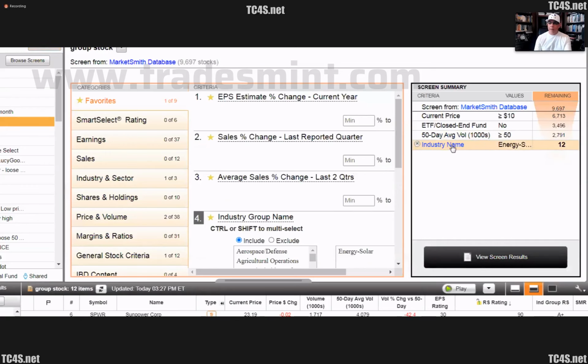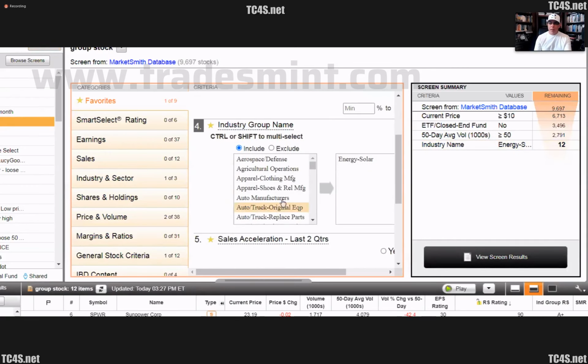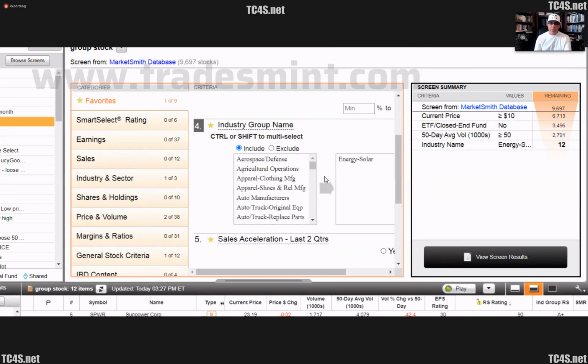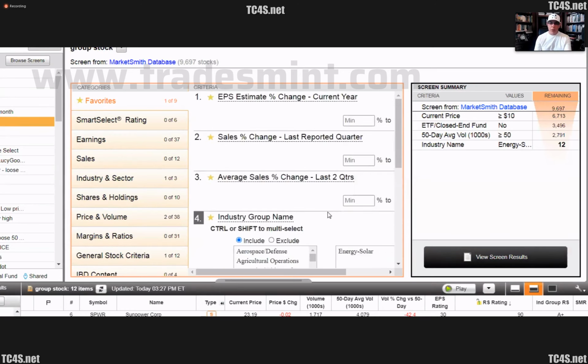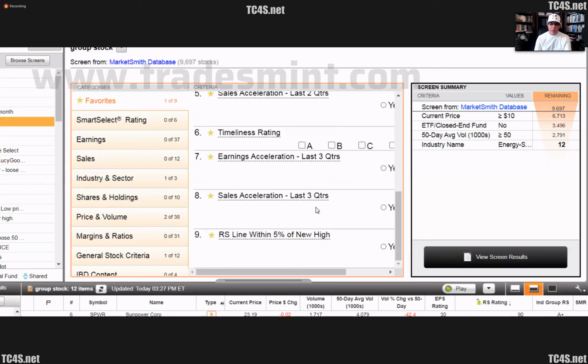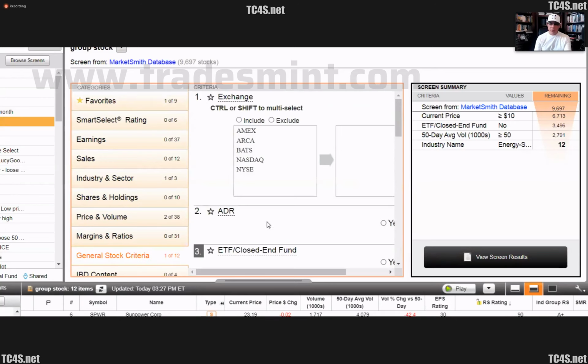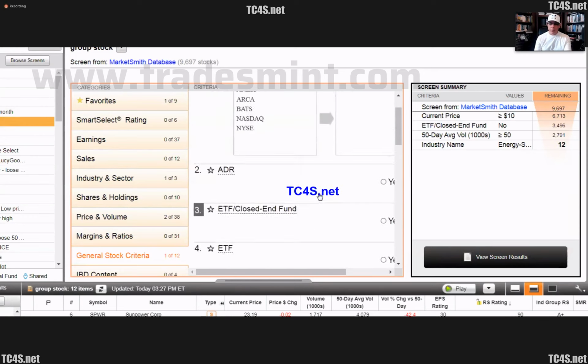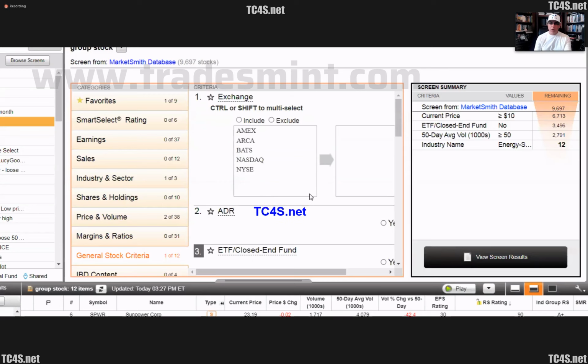So you can go right here, industry name, right? It's right here. And then you can decide what industries, either subgroups. This has all these subgroups, the IBD subgroups, and you can screen from them, or you can even go into where's the sector names? Not sure where the sectors are, but you could also go by sector.